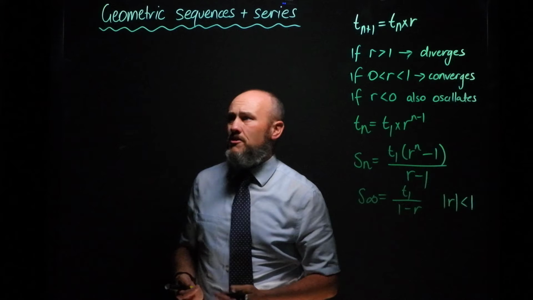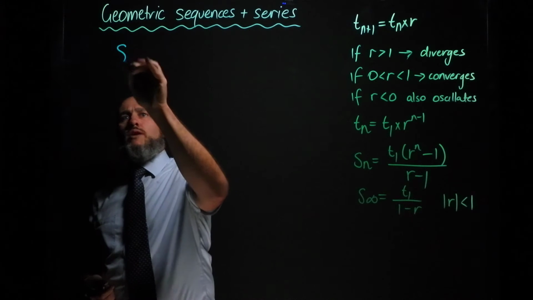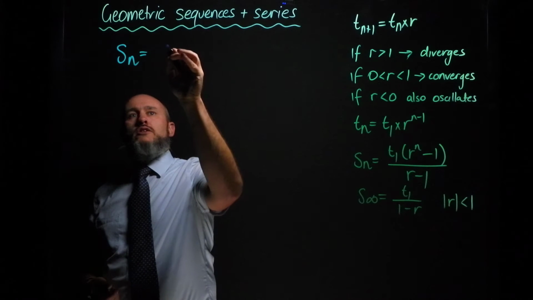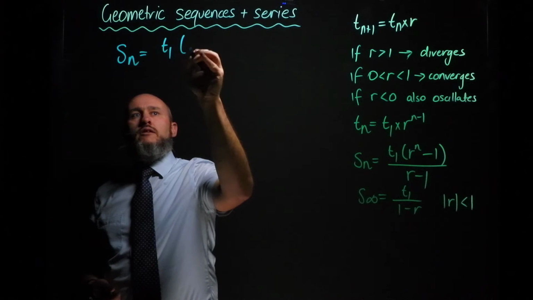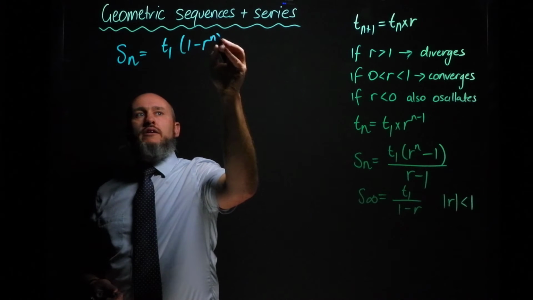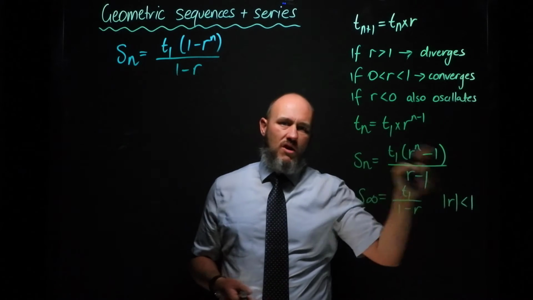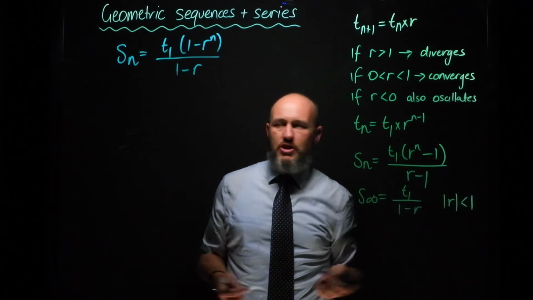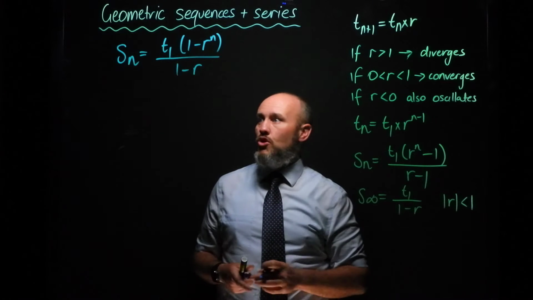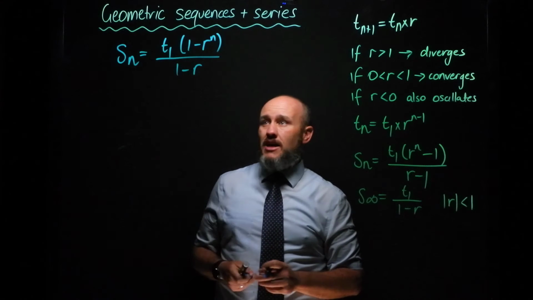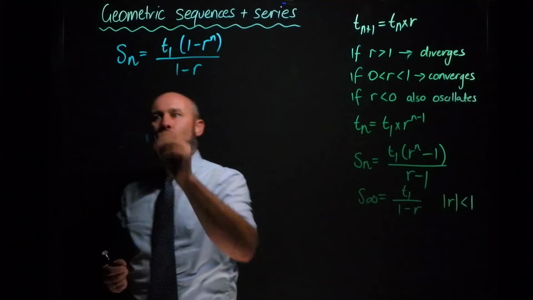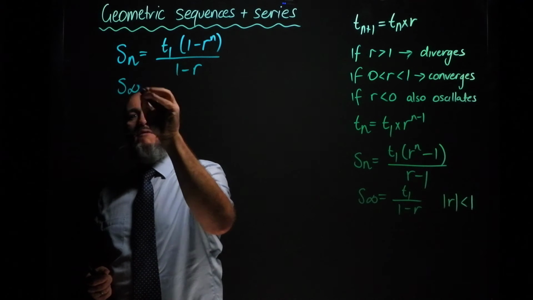Okay, so let's talk a bit about where the sum to infinity comes from. So we have this rule, S_n equals T1 times (1 minus r to the n), over 1 minus r. Now, it'll work for this as well. We'll just end up with some pesky negatives we've got to deal with, but it will work. Maybe it's a worthwhile exercise for you. So for S_n, I'm going to go, well, what is S infinity?